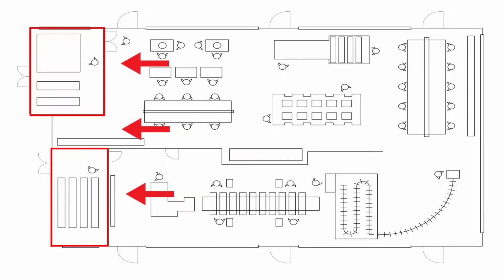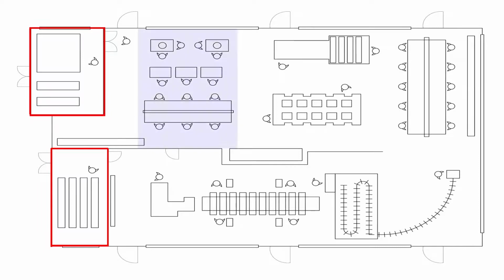Both storages are located at the side of the production line. This placement is important to ease the loading and unloading of the raw materials and final product, and at the same time will not distract the production line.